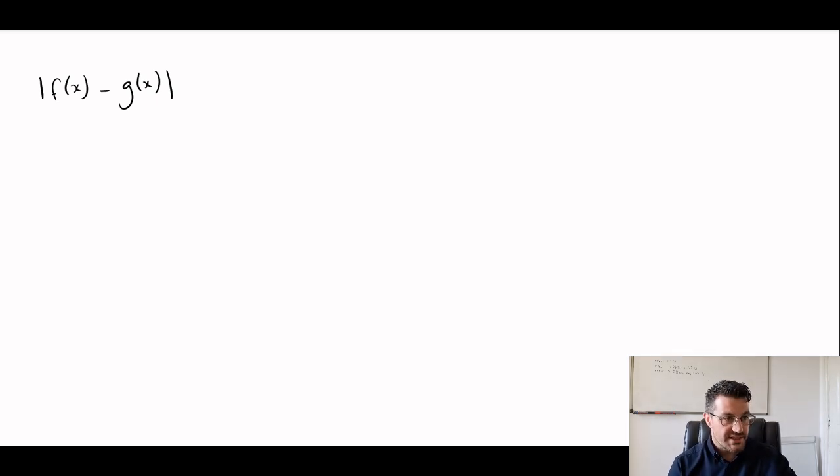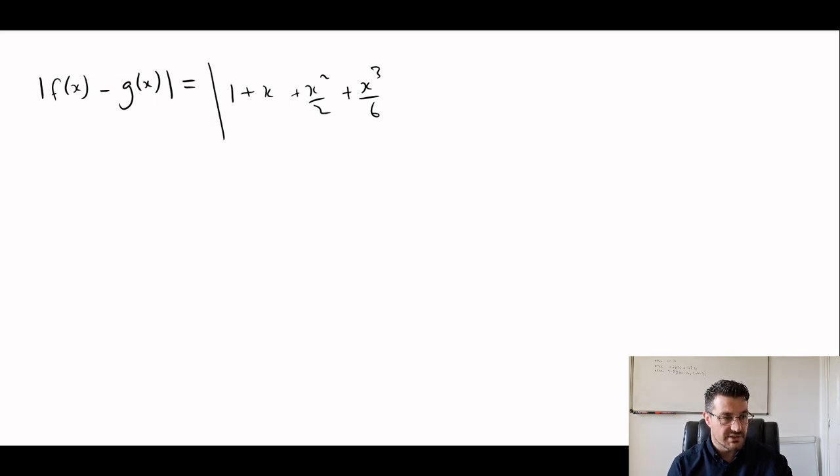So this is equal to the modulus of, so f of x is, what was it? Let me just remind myself. 1 plus x, right. 1 plus x squared over 2 plus x cubed over 6.